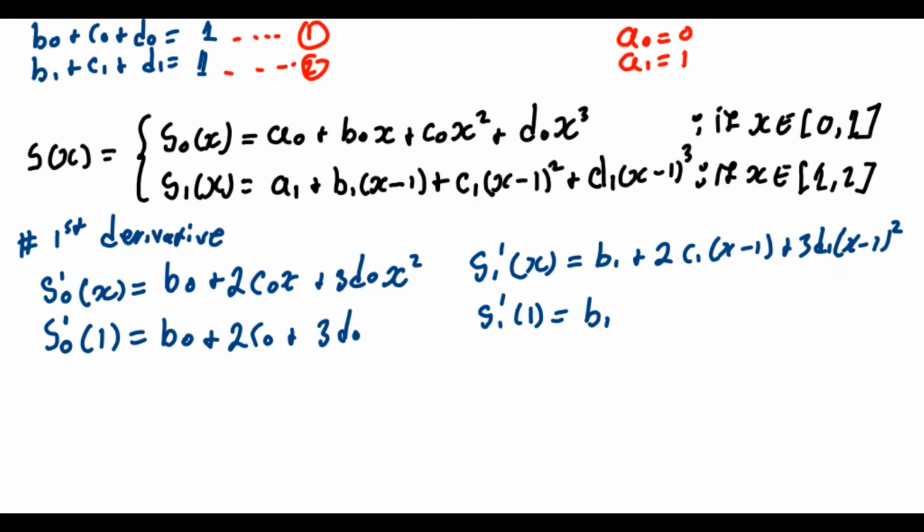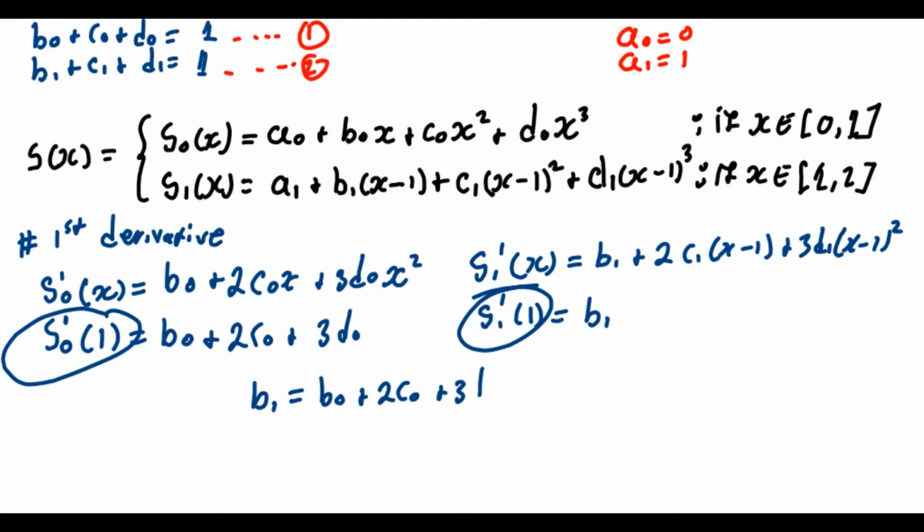So what you need to do is to equate this one to this one. It simply means your b sub 1 is equal to b naught plus 2c naught plus 3d naught. That's what we have, and allow me to name that as equation 3.